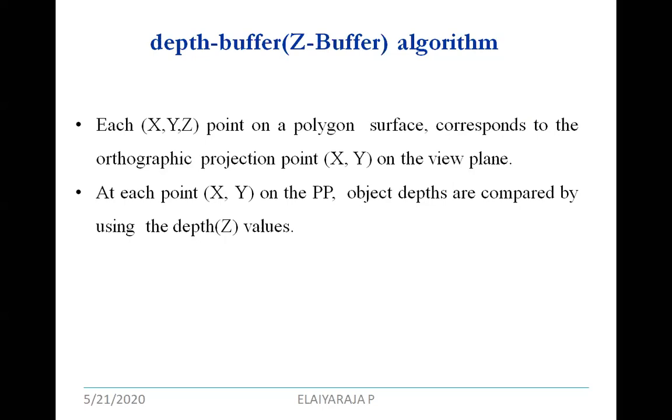What is the image? It is projected through the projection plane, right? Fine. So here, each x comma y comma z point on a polygon surface corresponds to the orthographic projection point of x comma y on your viewing plane, right?